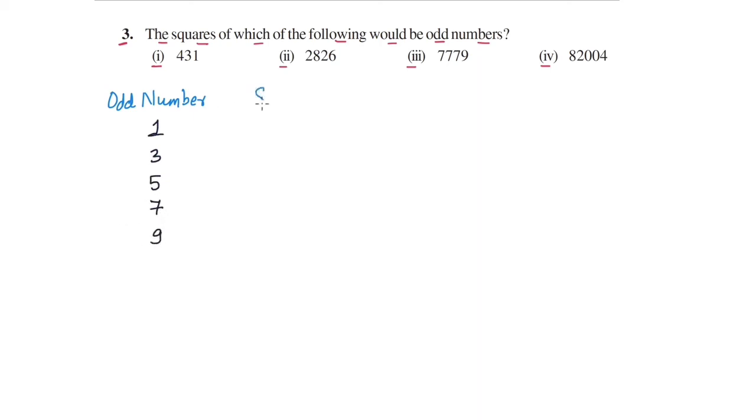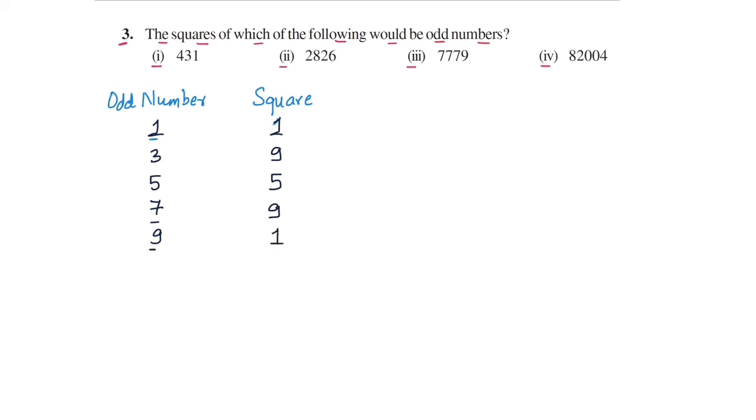And if you find the square of these numbers, and we write only the unit digit or ending digit, 1 squared gives you 1, 3 squared gives you 9, 5 squared gives you 25, so 5, 7 squared is 49, so 9, and 9 squared is 81, so 1.